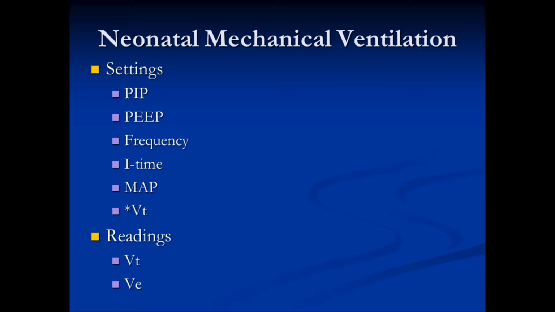The measurements that you will get from the ventilators are things such as tidal volume and minute ventilation. We will go more in depth into each of these items listed here on how to set them and what ranges you should be considering when you have a neonate that needs to be ventilated.